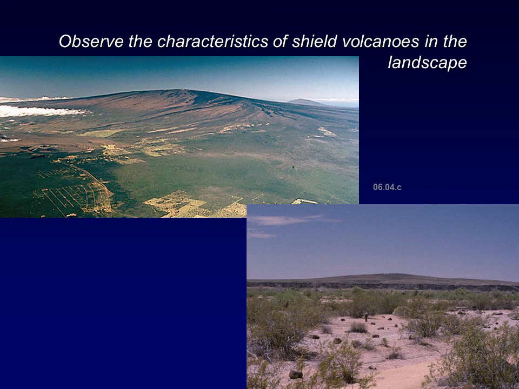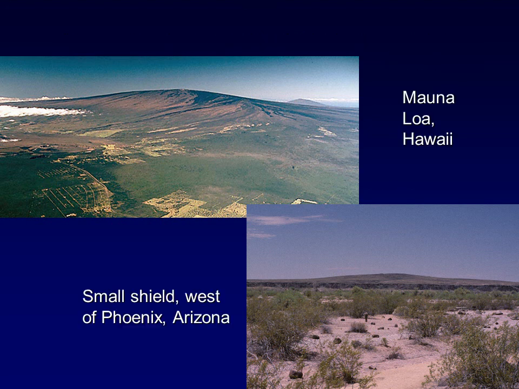Okay, here are some side views, or semi-aerial views of two shield volcanoes. The first one is Mauna Loa in Hawaii, and the bottom one is a smaller shield that's just west of Phoenix. So, taking a look at these, especially Mauna Loa, look at where the cloud line is.